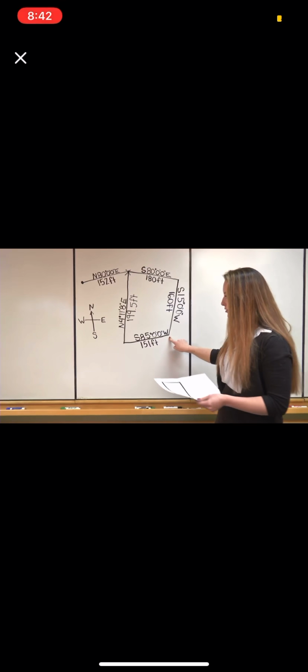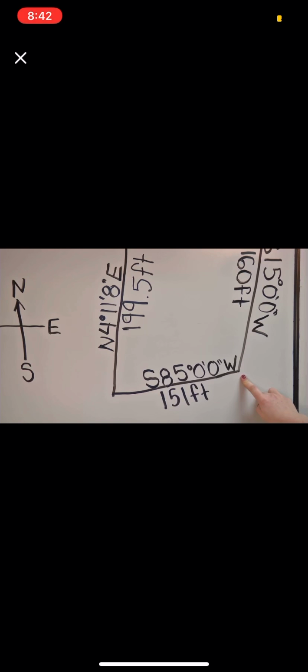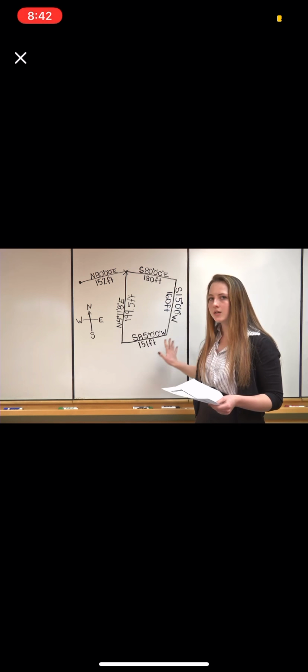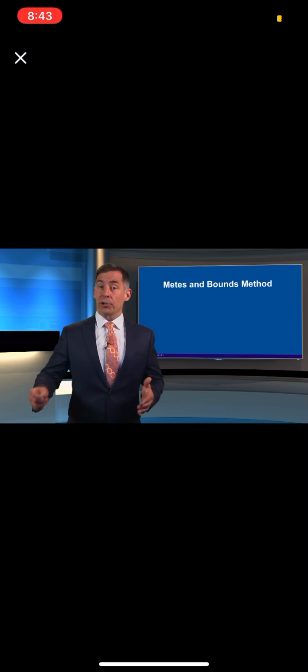Then, according to our description, we're going southwest 85 degrees for 151 feet. The last portion says that we go northeast at 4 degrees, 11 minutes, 8 seconds for 199.5 feet. Then we end at our point of beginning. This gives you a good idea of the size of the lot when all you see is dirt. Metes and bounds description. Pretty simple.